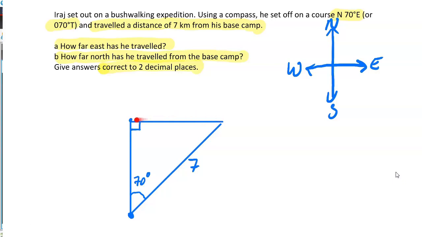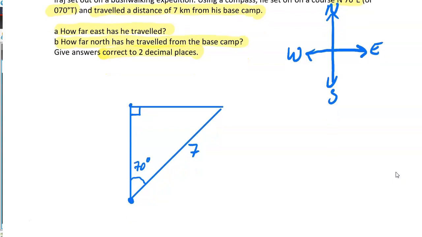That's that, because that way is north, north, east. So how far east has he travelled from his original base camp? I'll put a B down there, capital B for base camp. And I'll mark that side with an E for east.